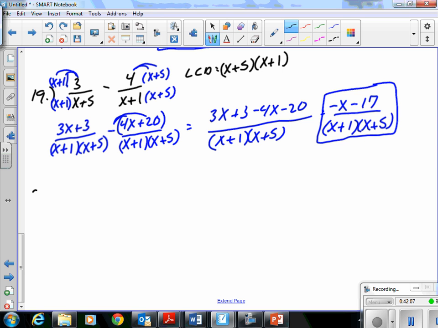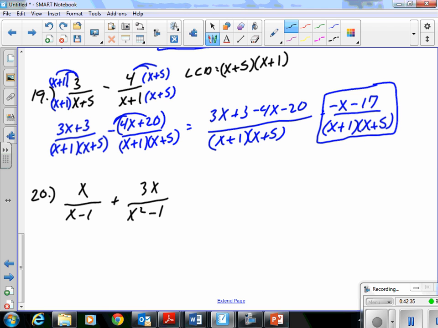Alright, so then number 20, we're adding x over x minus 1 plus 3x over x squared minus 1. So in order to figure out the common denominator, we need things to be factored if they're not already factored. So x minus 1, that's as factored as it gets.